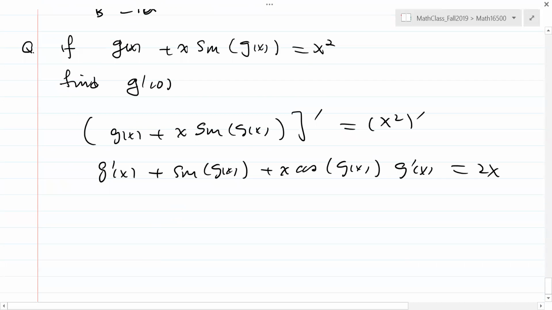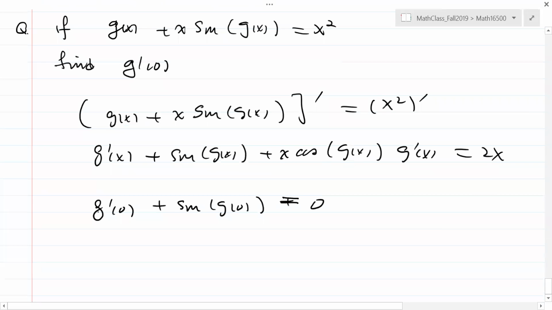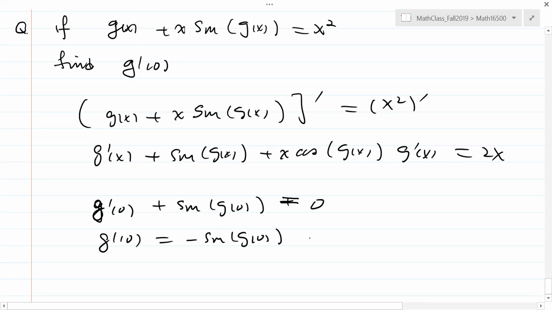So if this is correct, then you're almost there. Only problem is when x equals 0. When x equals 0, you don't know the sine and the value of g of 0. When x equals 0, this is 0, this is 0, so it's just 0, right? All you have to do is find g of 0.